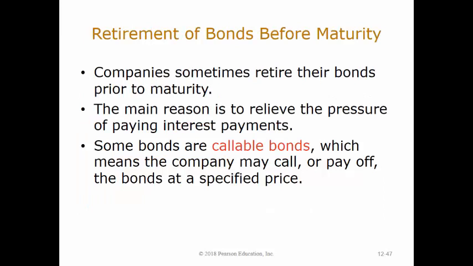Normally, companies wait until maturity to pay off or retire their bonds payable, but sometimes companies retire their bonds prior to maturity. The main reason for retiring bonds early is to relieve the pressure of paying the interest payments. Some bonds are callable. Callable bonds are bonds that the issuer may call and pay off at a specific price whenever the issuer wants.